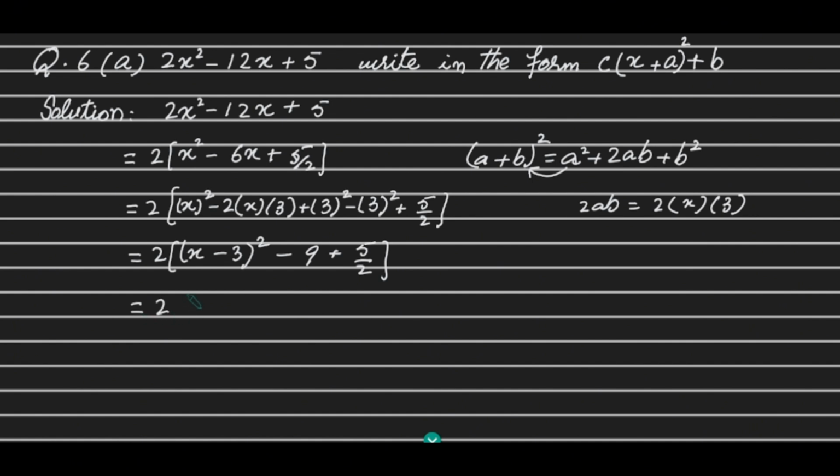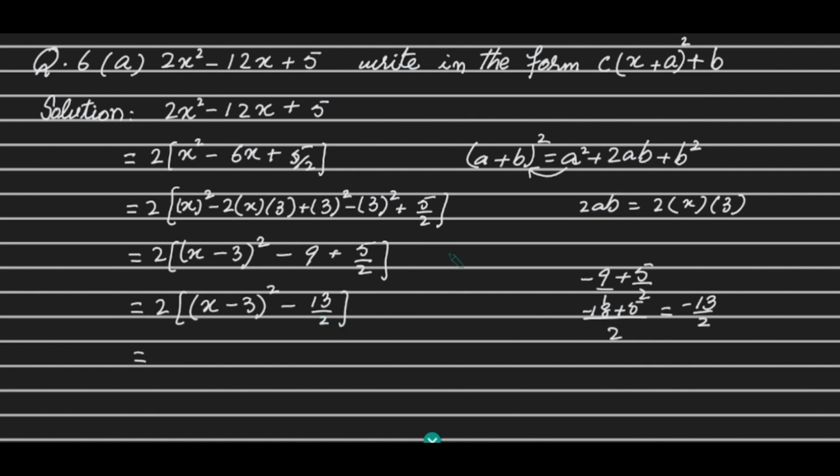Next step, x minus 3 squared, and when we solve it, minus 9 plus 5 by 2, we take the LCM, we get 2, 2 times 9 is 18, minus 18 plus 5, we get minus 13 by 2. We write here minus 13 by 2.